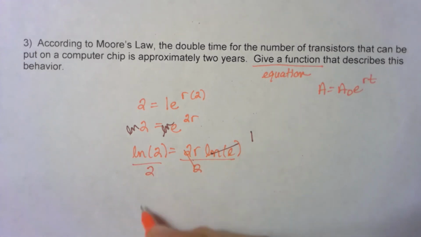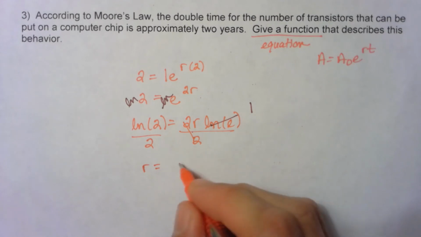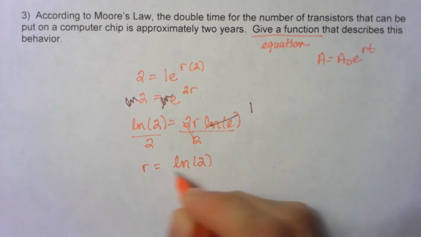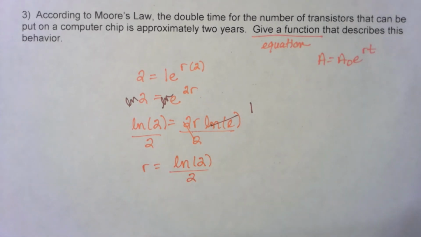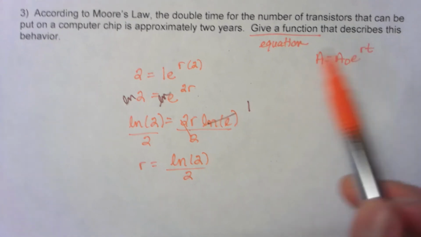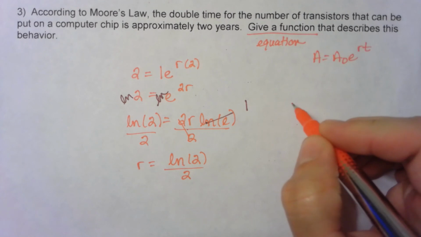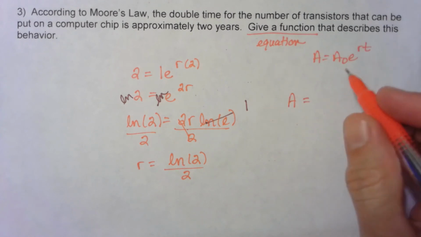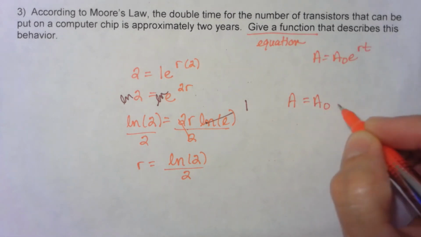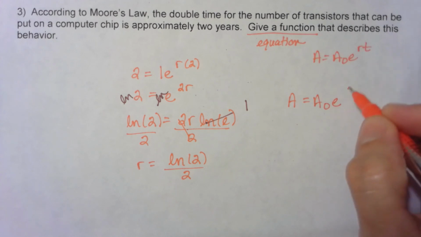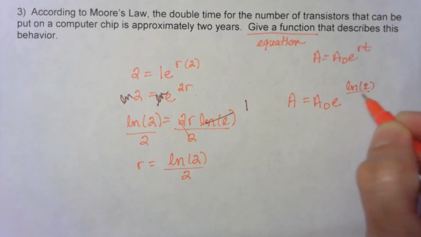So r is equal to the natural log of 2 divided by 2. Now we're trying to find the equation, which means it needs to look something like this. So our final amount is equal to our original amount, e to the r, which is natural log of 2 divided by 2, times t. This is our function.